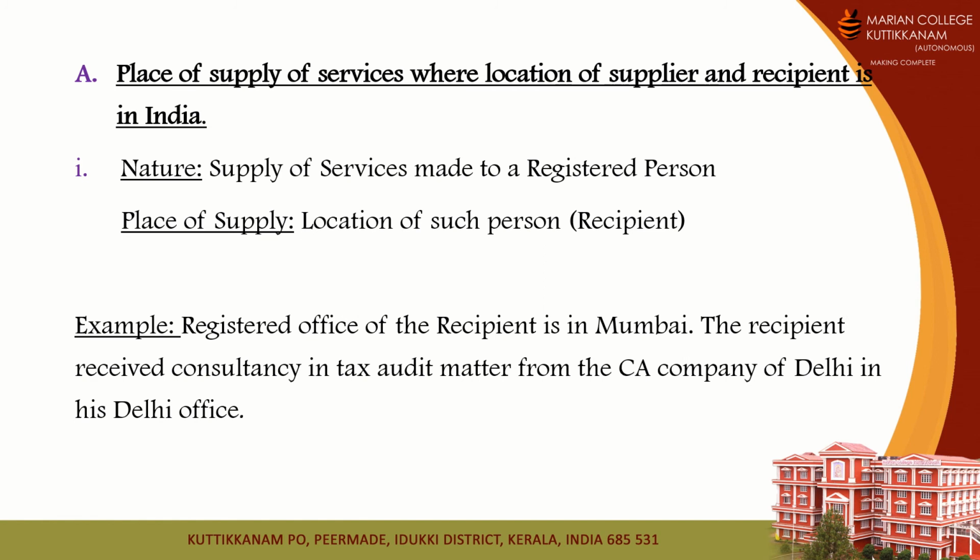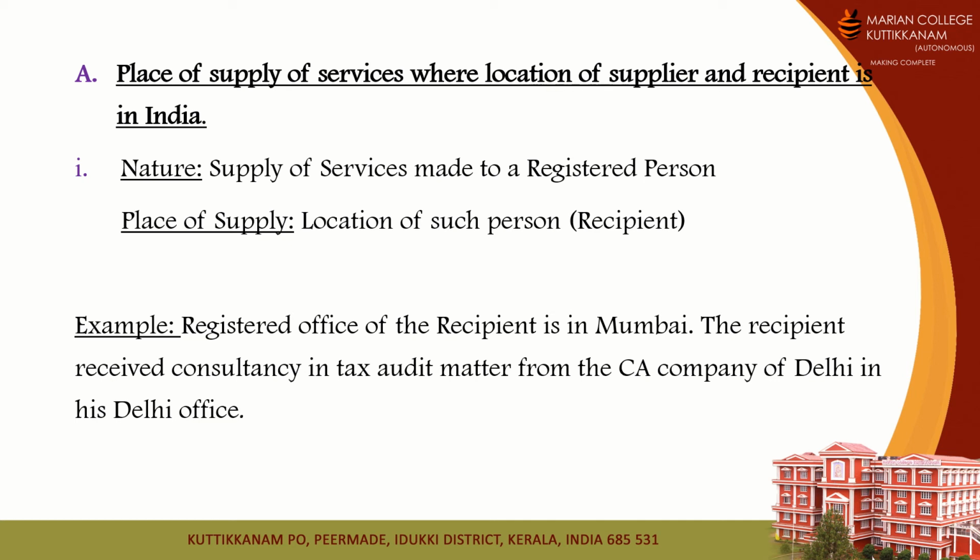Let's see an example. The registered office of the recipient is in Mumbai. The recipient received consultancy in a tax audit matter from the CA Company of Delhi in his Delhi office. So here the supply of services is made to a registered person who is in Mumbai.